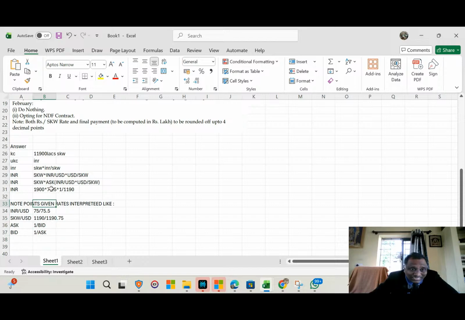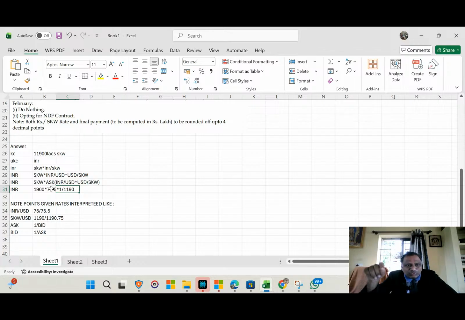So here I used, instead of the 1190.75 ask rate, a bid rate because I need USD divided by SKW. But whereas the available data is SKW by USD.